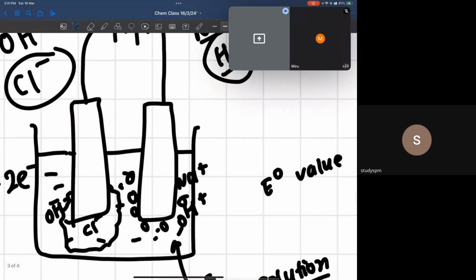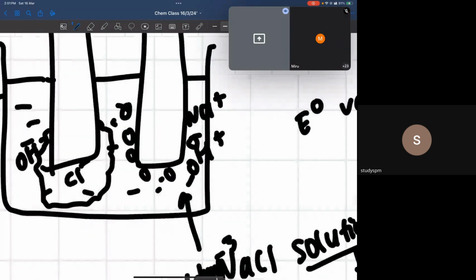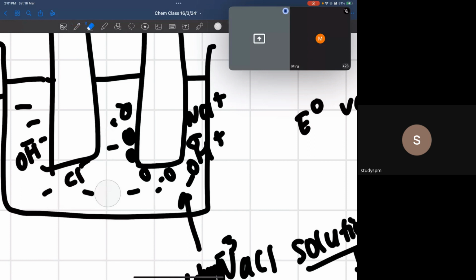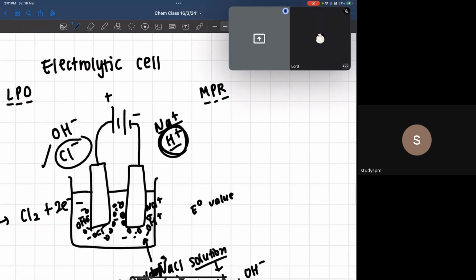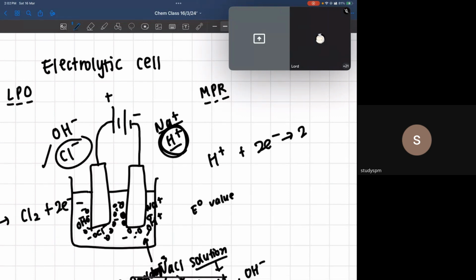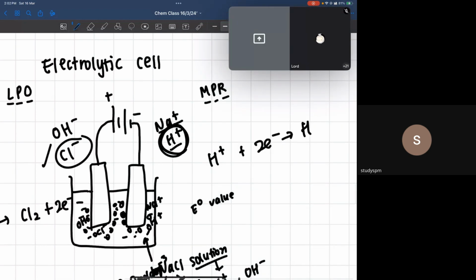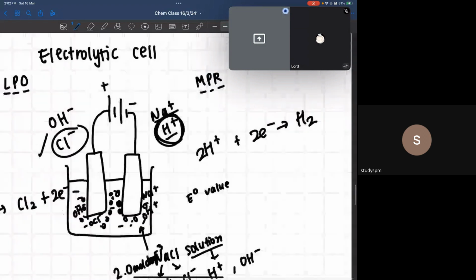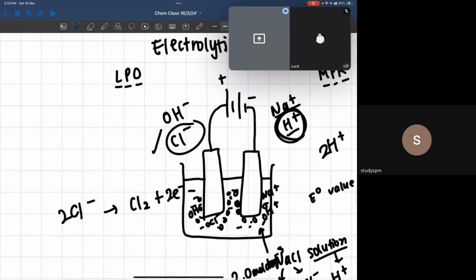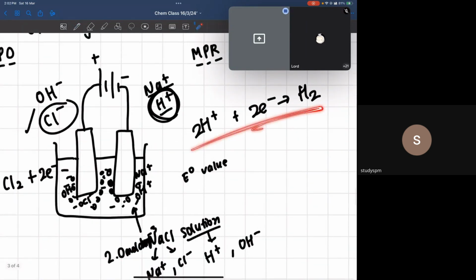This one is colorless, not like the other one. It will produce gas, but first it needs to accept electrons. So in order to produce gas, chloride must undergo oxidation, and this one undergoes reduction.